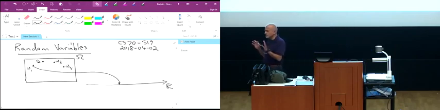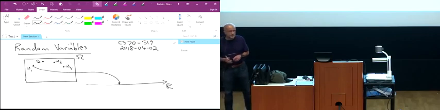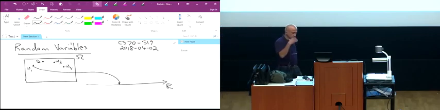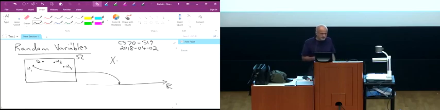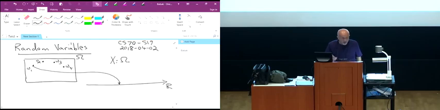So in this course, we're only going to deal with real-valued random variables. In more advanced courses, they bring in complex random variables. We don't deal with those in this class. So if I define a random variable, and we usually define them with capital letters, so X is a random variable. It is a function from the sample space onto the reals.